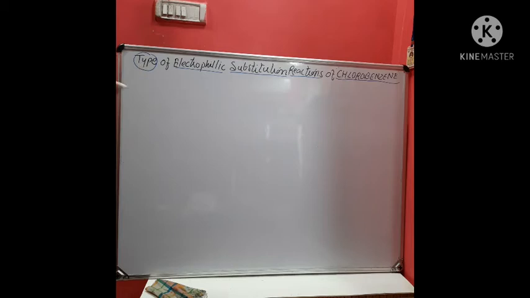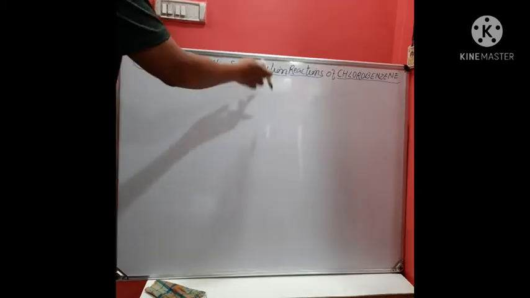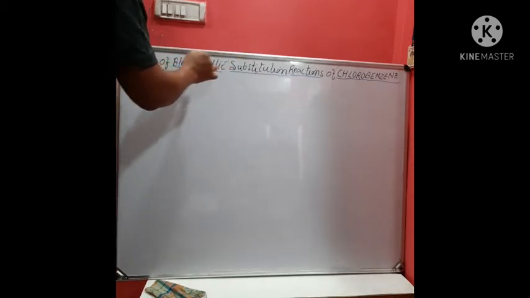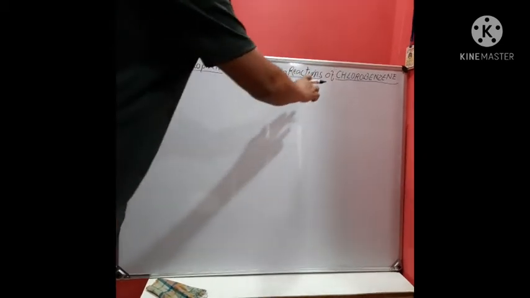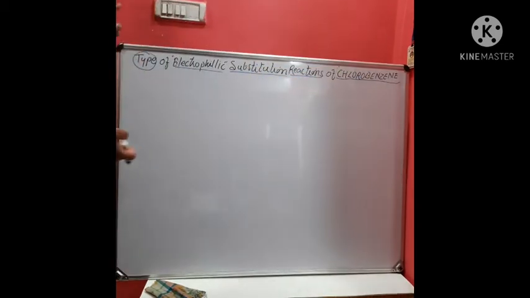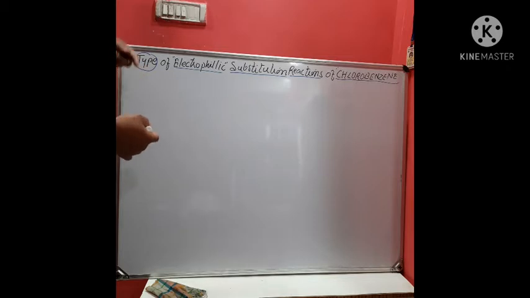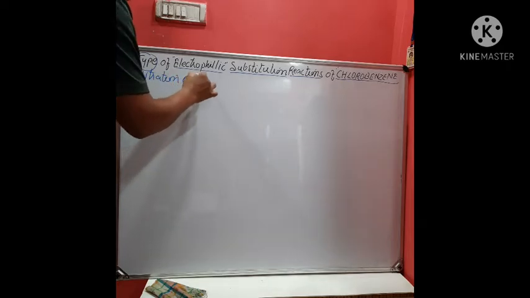So the type of electrophilic substitution means by which electrophile we are substituting the hydrogen of chlorobenzene. On this basis, it will become a type of electrophilic substitution reaction. So here the first one is nitration of chlorobenzene.